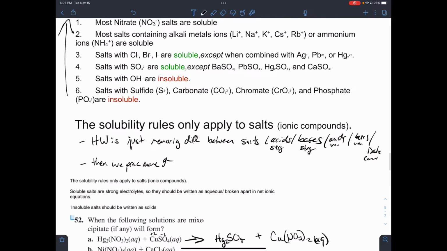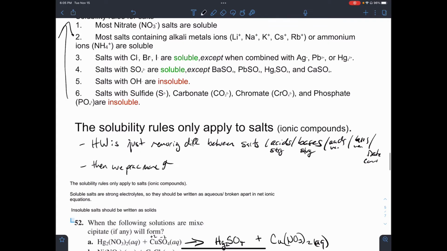All right, what about the next one? Salts containing plus 1 ions, that's none of these. Salts with minus 1 ions, or when they're combined with mercury, well, that's not this case. We don't have a minus 1 ion combined with mercury.